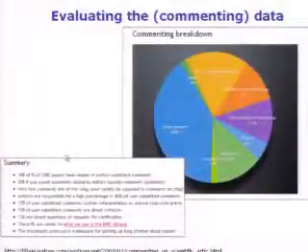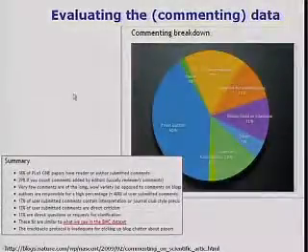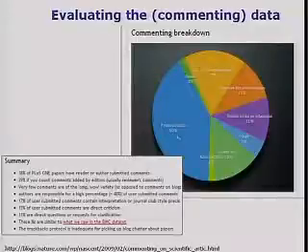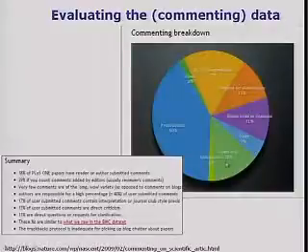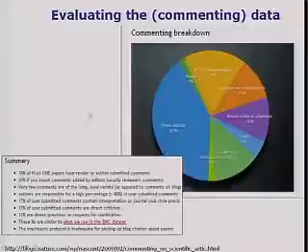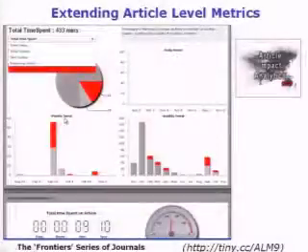And got the entire corpus categorized, I think, in a couple of weeks, and then did an analysis of that. So 40% of the comments were from authors. 11% were requests for clarification. Direct criticism was 13%. So they were able to do some pretty nice, semantic, I guess, analysis of what the commenting data is telling us.